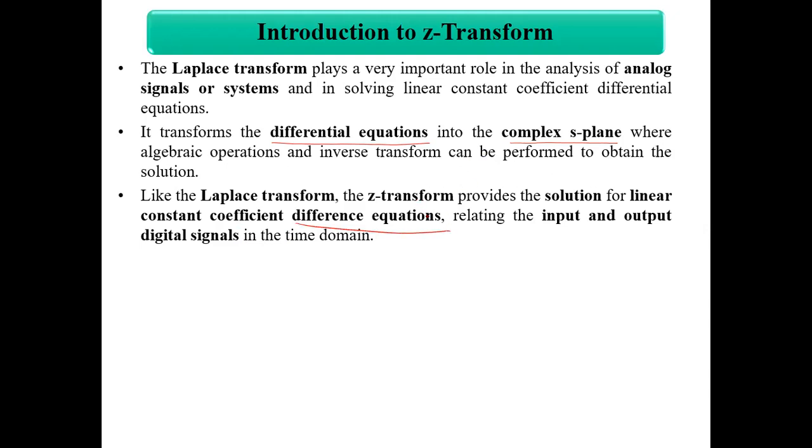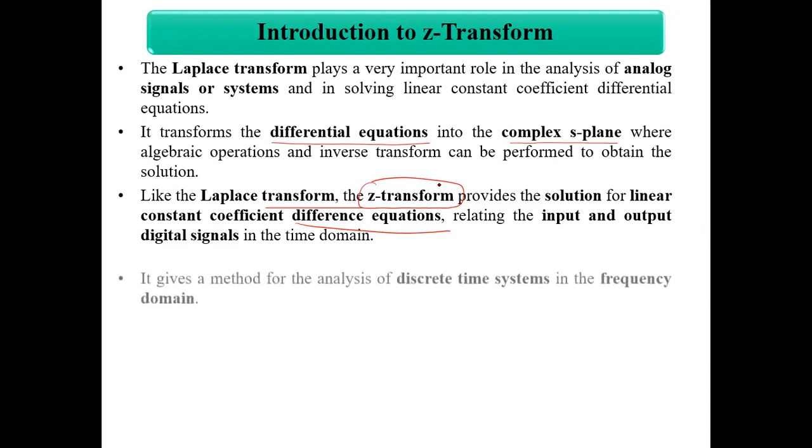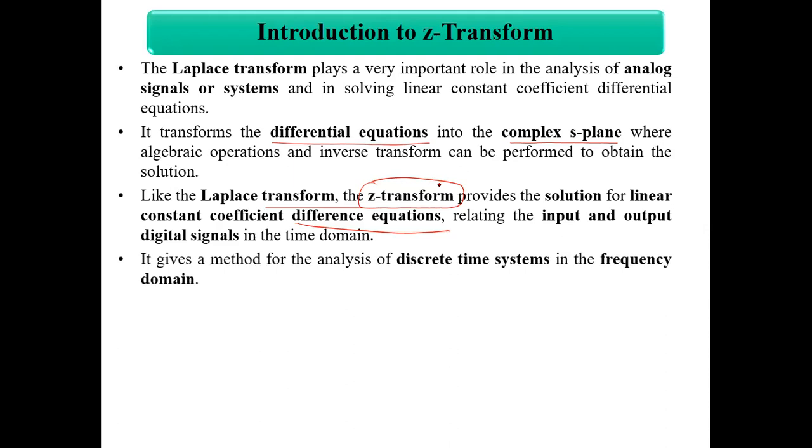So to have the frequency domain analysis of such systems, we do not use a Laplace transform. Instead, we have another tool which we call as Z transform. So this is used to have the same analysis for discrete time systems as Laplace does for the analog systems, right?